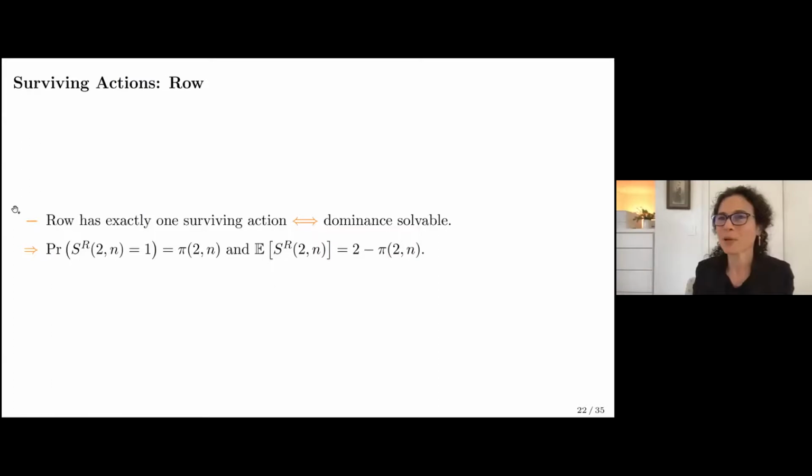So therefore, the probability that the surviving action is 1 is going to be just the probability that the game is dominant solvable. That's going to go to 0 very quickly. And in fact, the resulting expectation of the number of surviving strategies for row is going to be just 2 minus this probability, which again is going to converge to 2 very quickly.